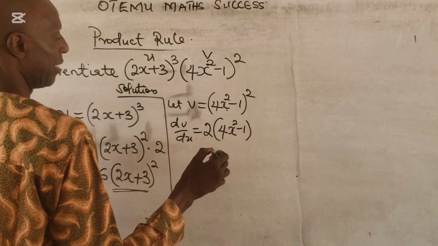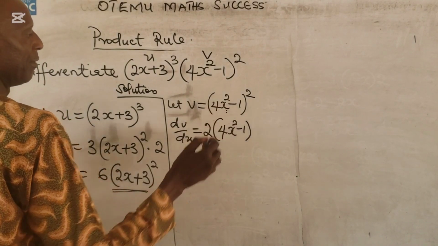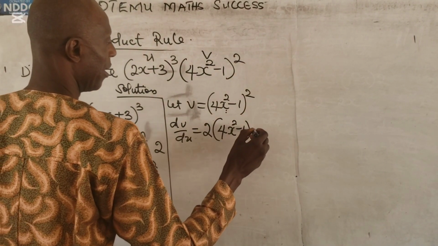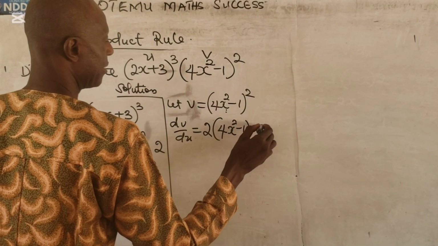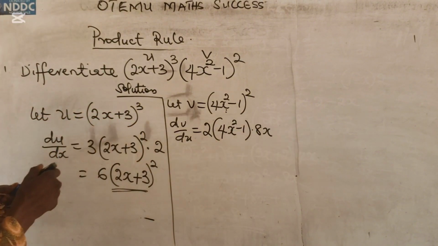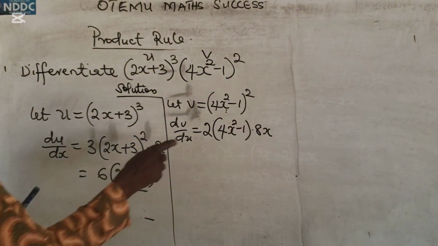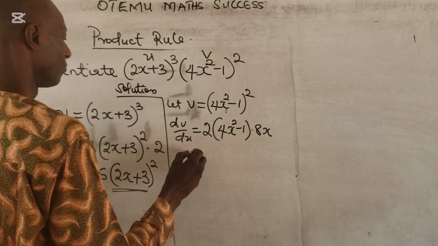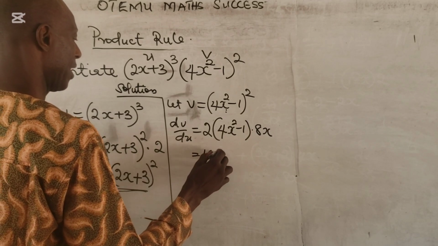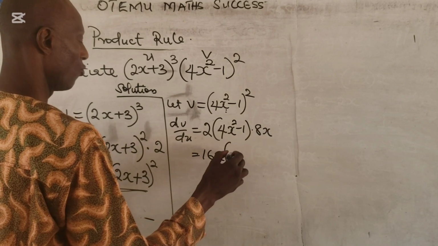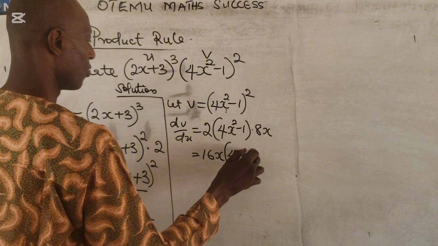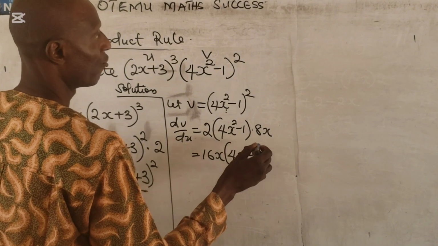You differentiate what is inside the bracket, gives us 8x. Then we use 2 to multiply 8x to give us 16x into (4x^2 - 1).